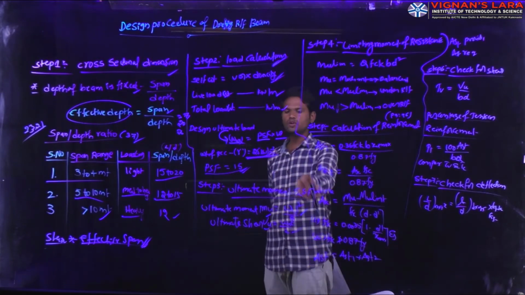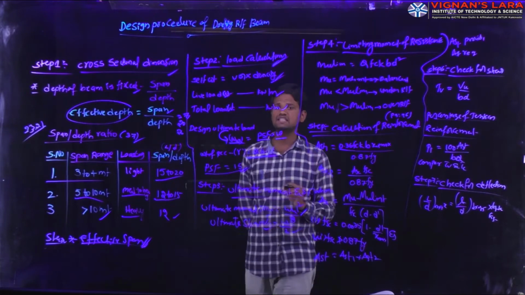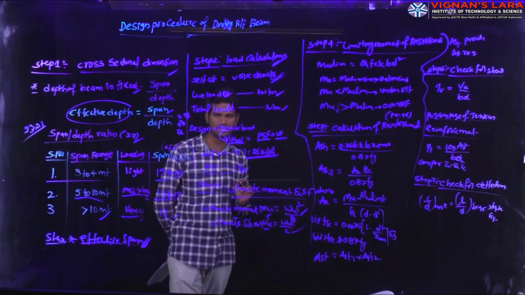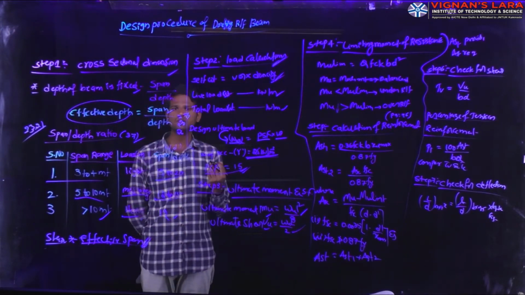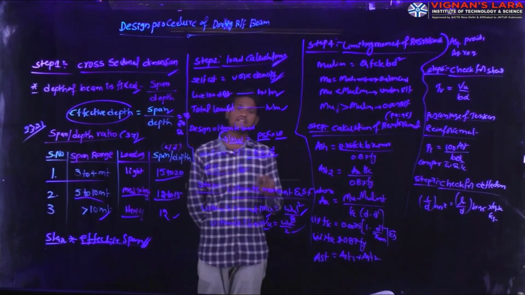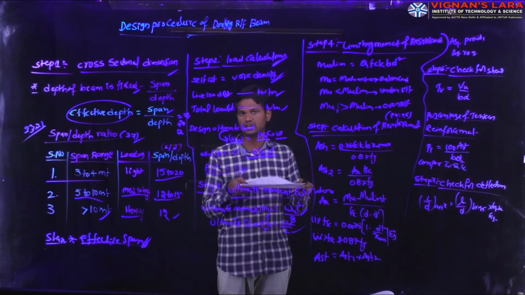Before going to the reinforcement details, we have to ensure whether the section is a singly reinforced beam section or a doubly reinforced beam section. In a singly reinforced beam section, the additional moment acting on the member will be less than the limiting moment. Suppose the member has a capacity of 100 kilonewton meter.